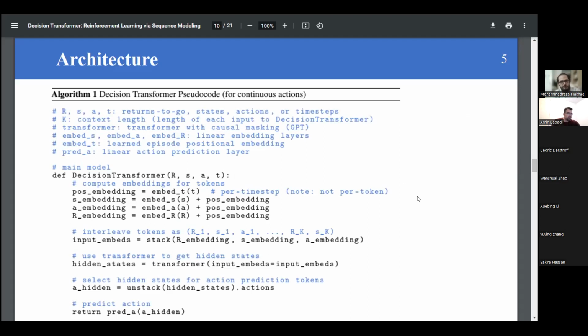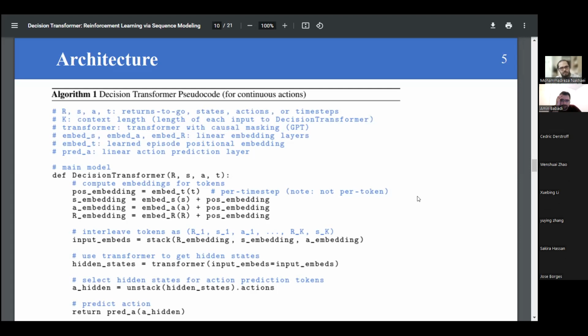Here is the architecture and here is the method used for training. Here you can see the pseudocode. There's a tuple of states, actions, and returns to go. At first, states, actions, and returns to go are transformed to the embedding space with a linear layer in a neural network.